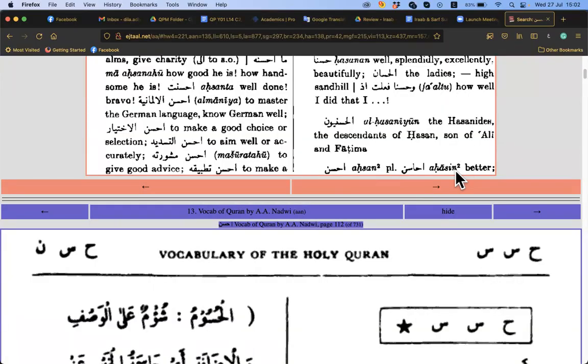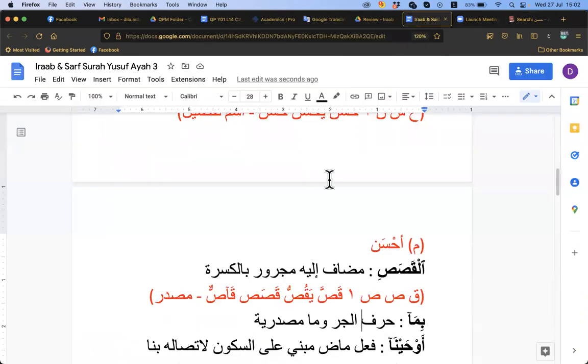What does this number 2 mean here? Forgotten also, sister. Okay. So if I were to write this word, Ahasin, this is Ahsanu, Ahsana for the nasab, Ahsana for the jar, right?